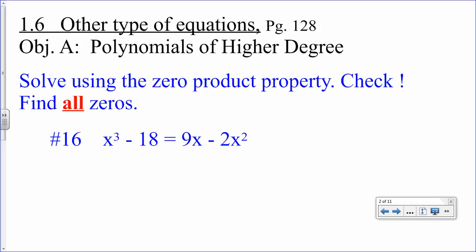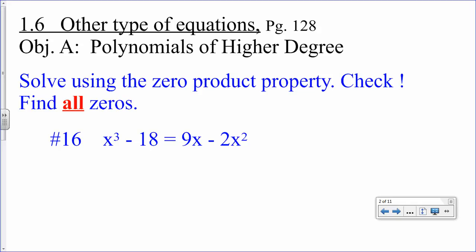So this says solve using the zero product property. We want to factor first. So to factor, I need it equal to 0. Since the leading coefficient of the x cubed is 1, it's positive, I want to keep that positive, so I'm going to move the 2x squared and the 9x to the left.